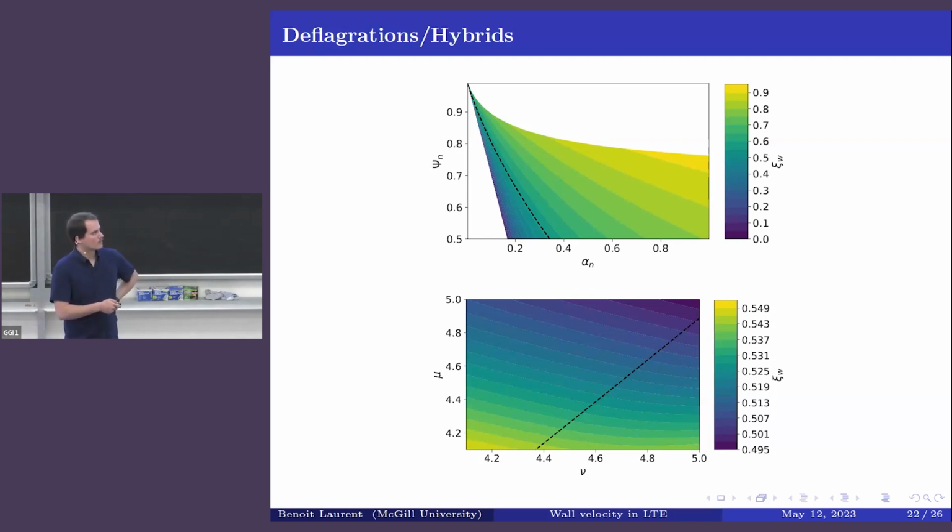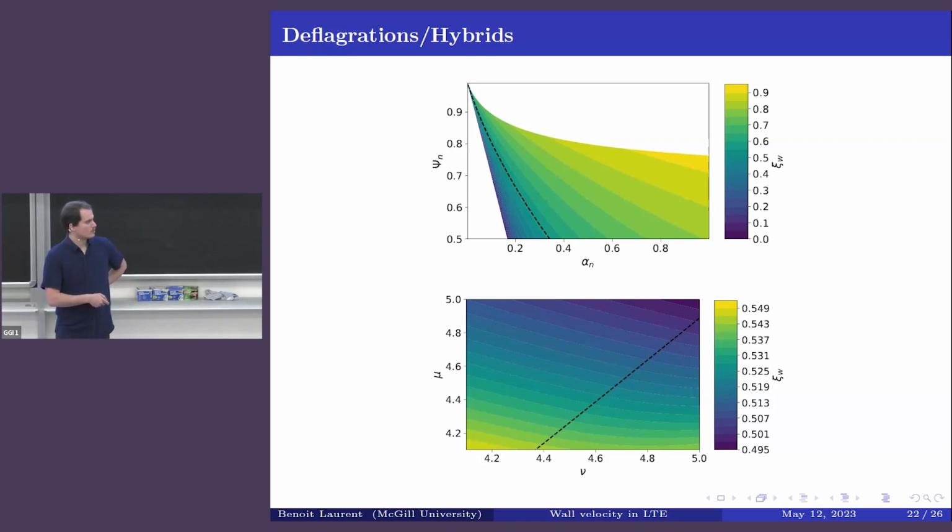Yes, I think this is very interesting to see that in any case, even if you have very large deviation from equilibrium, you can have hybrid walls as strong as you want, effectively, as long as psi here is low enough. And also, I show on the bottom plot the relation between the wall velocity and the speed of sound.